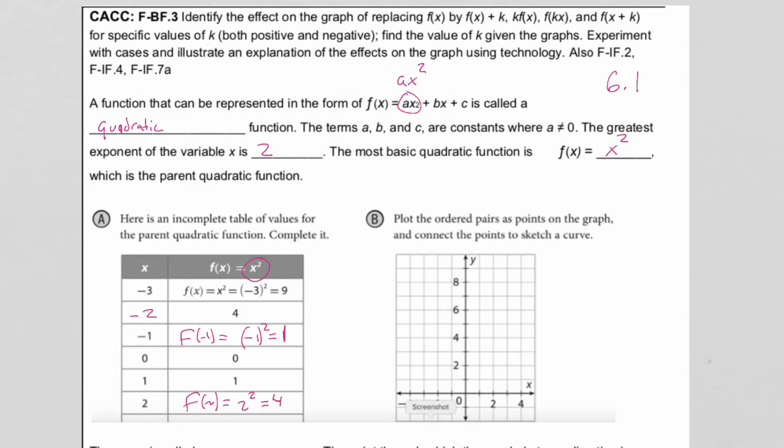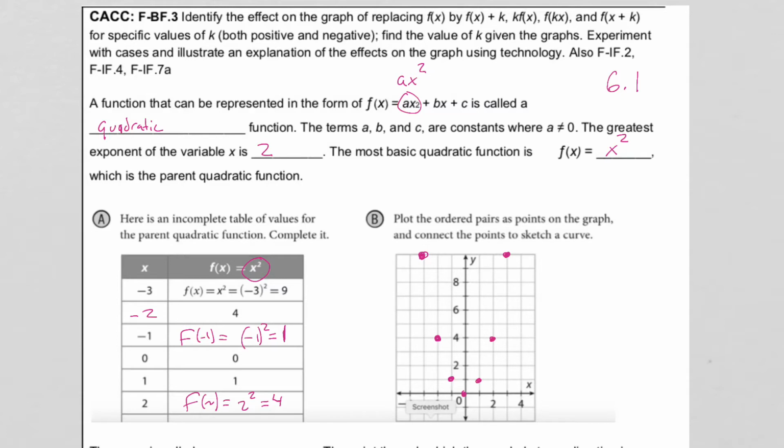So all of these are various points on the graph. We have -3 and 9, that's way up here. We have -2 and 4, that's there. -1 and 1. And now this is starting to take shape as we graph this.